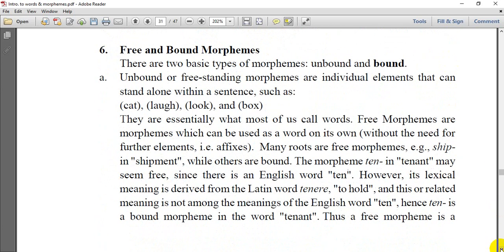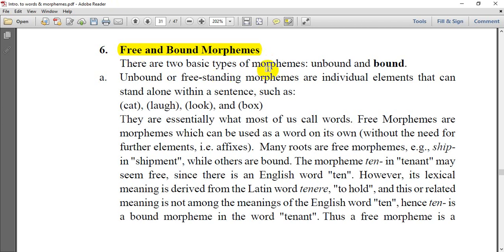Let's discuss free and bound morphemes. These are types of morphemes.